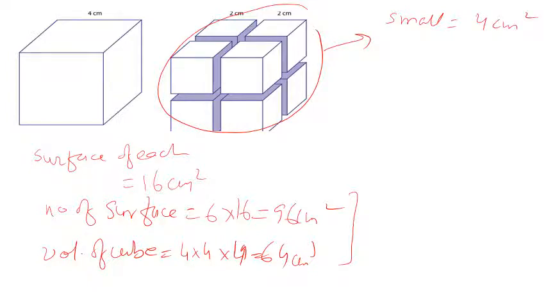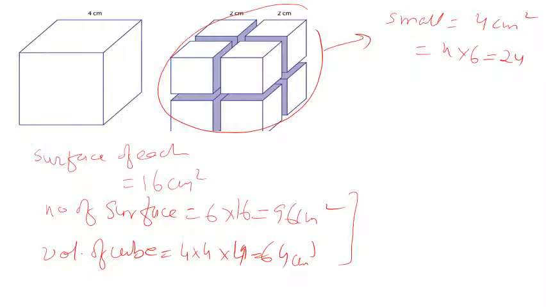And since now these are separated out, for each small cube, the surface area will be 4 into 6, that will be 24. Now how many cubes are you having? Yes, 8 cubes.